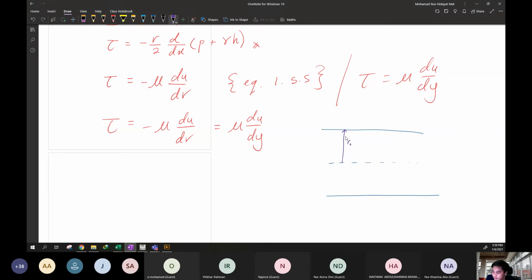This is the total R, the R from the center to the wall. Okay, and where is the Y? Y is here. This is Y. The Y starts from the wall, and the R here starts from the center.